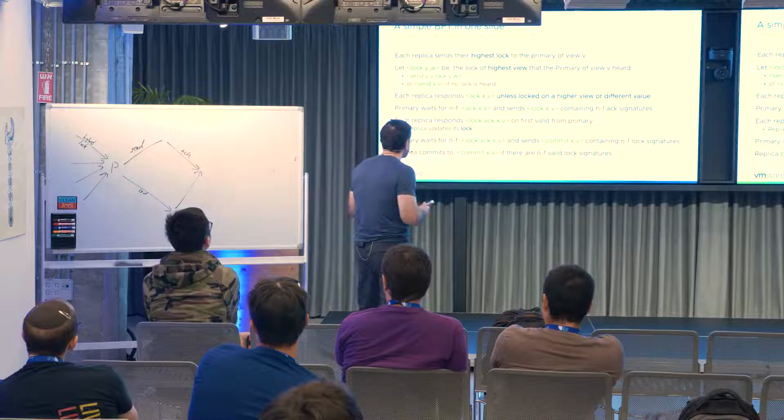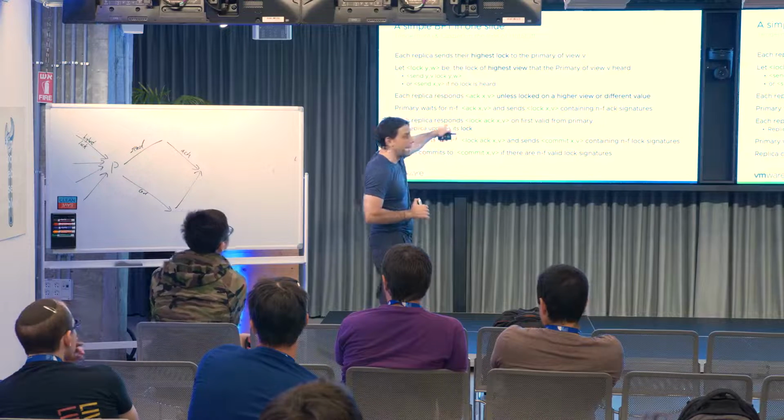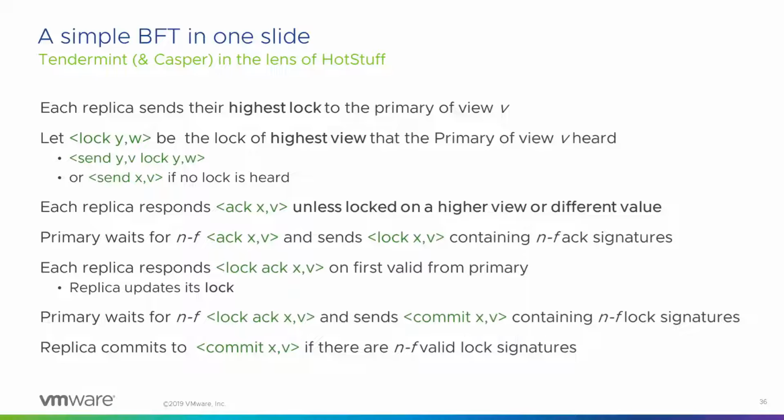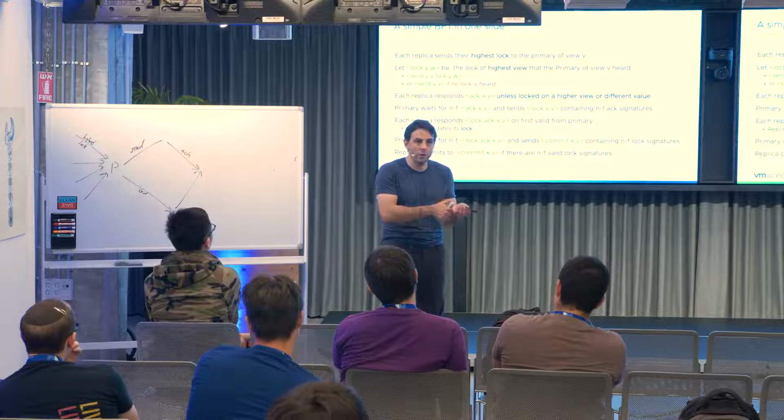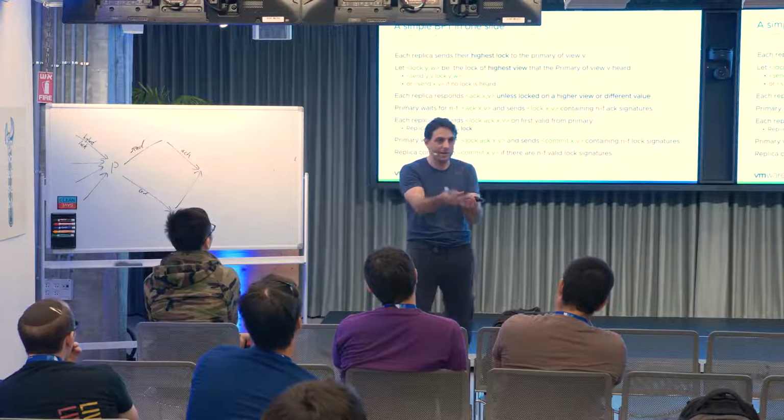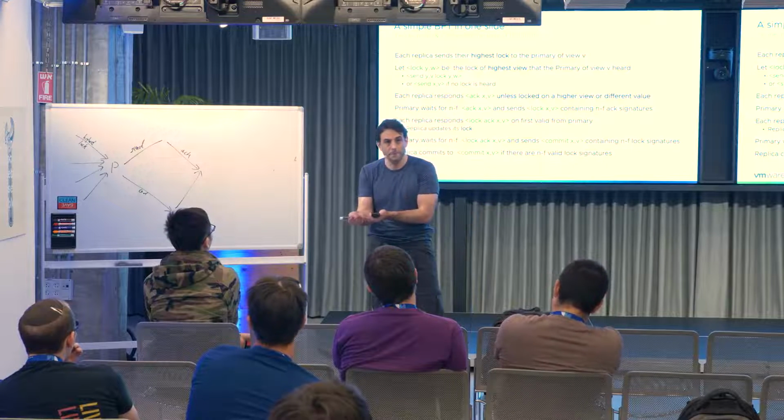I don't send the acknowledgement if I'm locked on a higher view, or if the value is different than the value I'm locked on. Previously we just said, if Roman sends a message, we just sign the first one. But now Roman sends a message and he gives us some lock from some previous view. Let's say we're in view 100 and Roman sends a message that contains a lock from view 50.